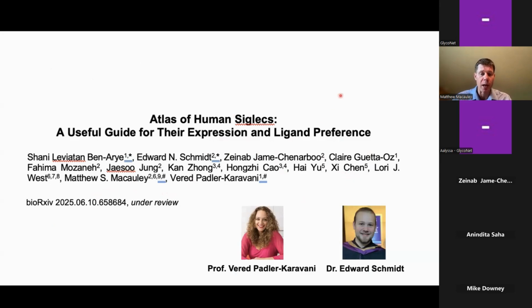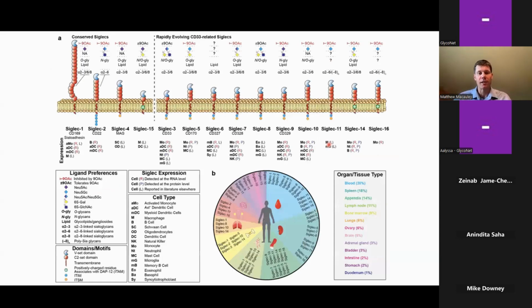So we started teaming up with them to probe ligand interactions on the array. And this is a global summary of everything we looked at. I'm not going to get into all the nuanced details of the ligand interactions, but this is really intended to be an atlas where you can go look at, hey, what does a Siglec bind to on a glycan microarray, and where is it expressed? That's also a really important feature.